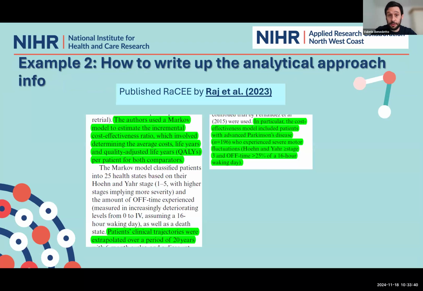And this is just to show how we wrote up the analytical approach information in terms of the type of economic evaluation, the sample size, and the time horizon. So you have this slide as a reference. You can have a look later on at how we summarize all this information.